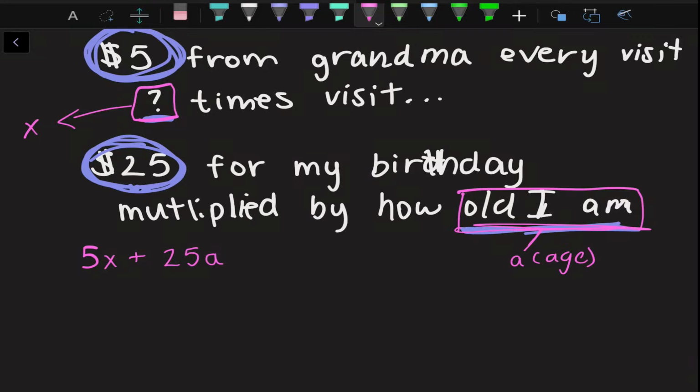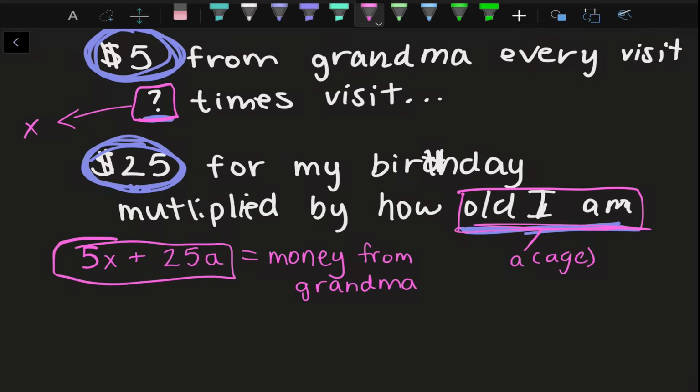Then that would equal the money that I'm going to get from grandma. So if I see an equation like this, the 5 and the 25 are set in place and not going to change, while the X and the A are my variables, which will change.